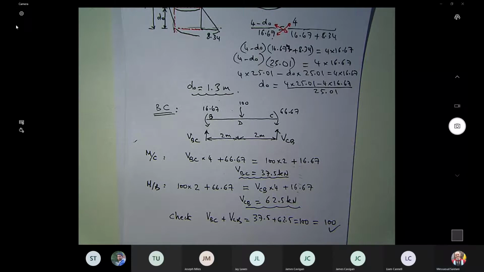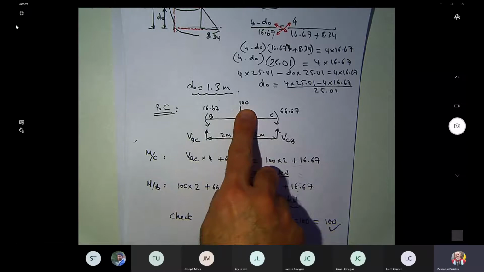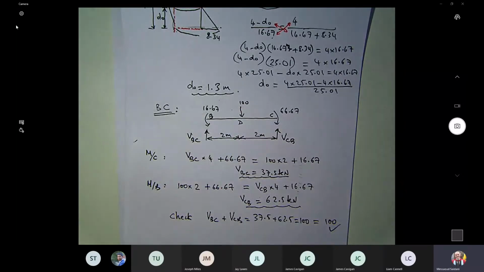So the sum of the reactions equals the external load, 100. Any questions? Okay.